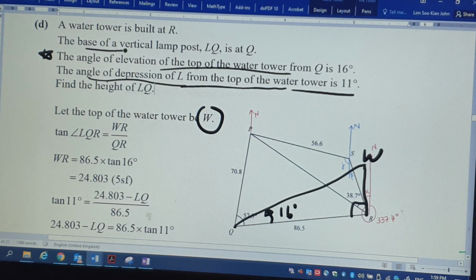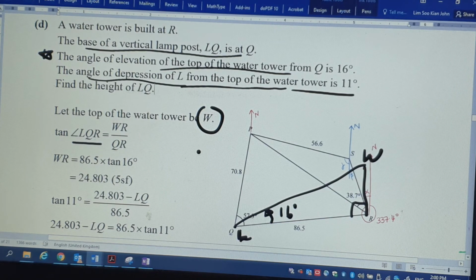The base of the lamppost L is at Q. That means there is an L here. Okay? So do you know what this means? It means that your tangent LQR, okay? Your LQR. By the way, is L here?